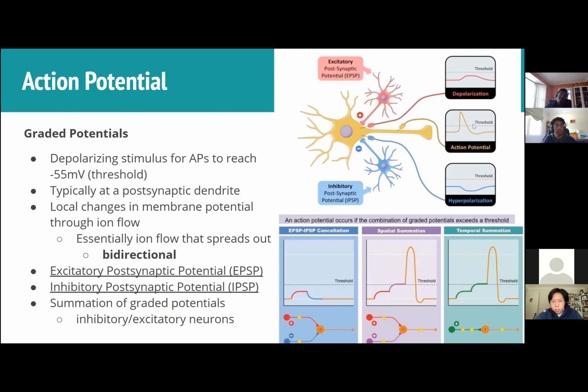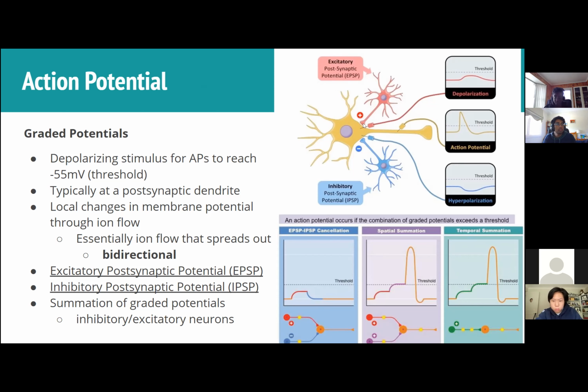Our nervous system is kind of complicated. We have a bunch of different types of neurons that can either inhibit or promote the conduction of a particular neuron, so we can have inhibitory neurons and excitatory neurons acting on the main neuron. Excitatory neurons generate a postsynaptic potential that is excitatory.